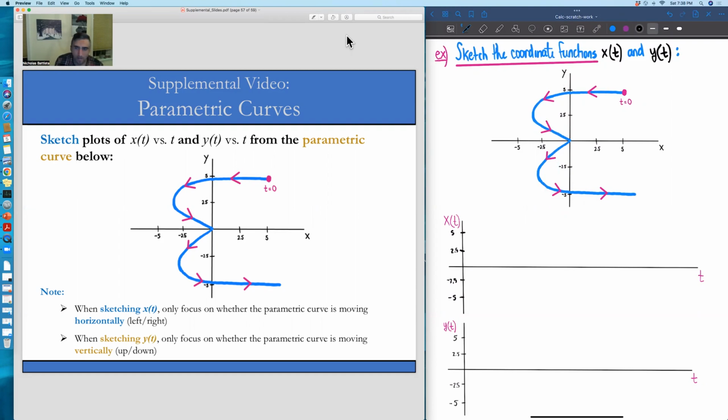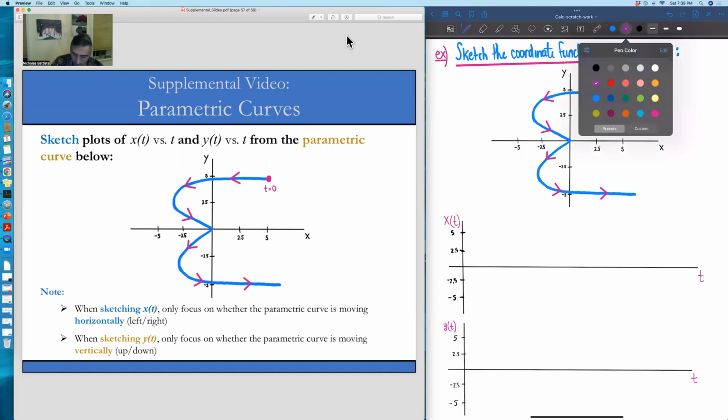All right. So the way that I do this now is I take our parametric curve that's given, and I'm going to break this into points where I see big changes, either something changing from mostly moving horizontally to all of a sudden moving vertically, or something moving mostly vertically to something moving mostly horizontally.